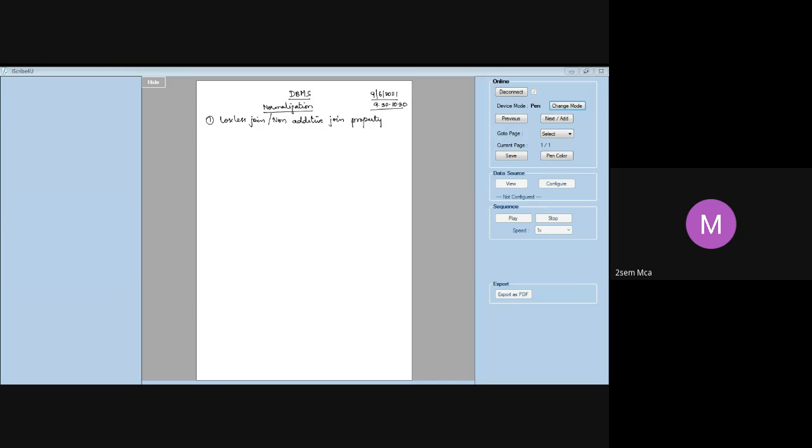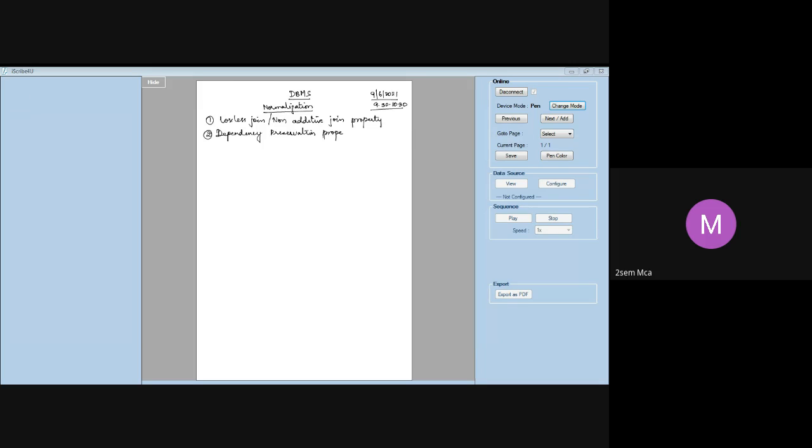There are two properties that you should be taking care of when you do the normalization. Just the normal form alone is not sufficient. One is called the lossless join or non-additive join property. The other one is called the dependency preservation property.